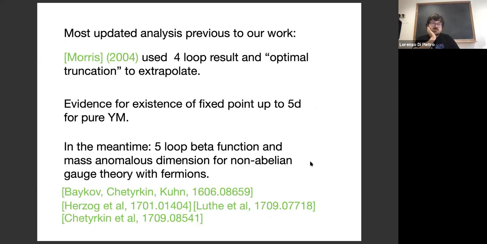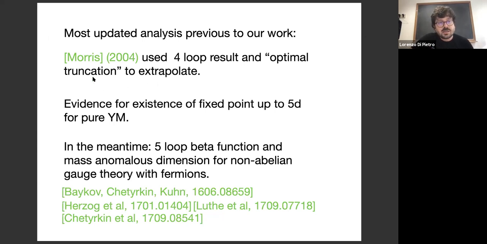So let me mention that previous to our work, the most updated analysis was done by Morris in 2004. What he did is to use the then available four loop results and use a technique called optimal truncation, which, okay, if you don't know what it is, it's not important. Perhaps if there is time, I will tell you some more technical details later.